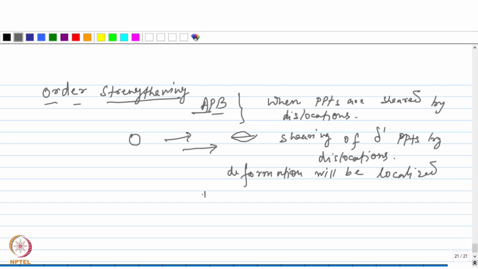And this will reduce the strain to fracture, or in other words, the ductility will come down.